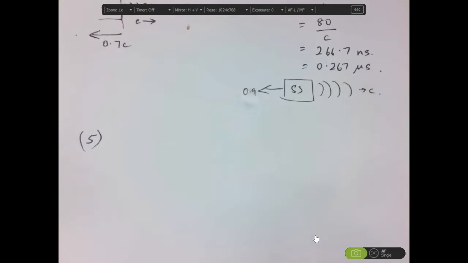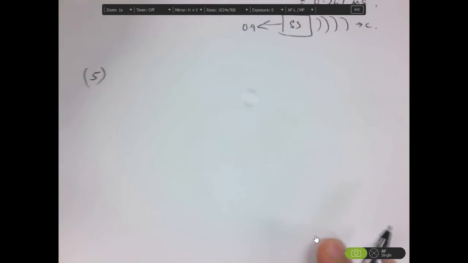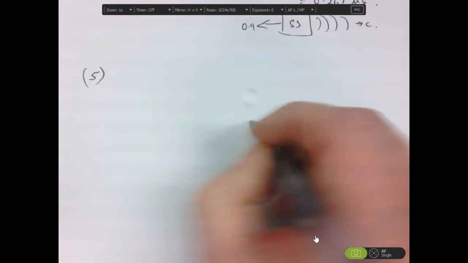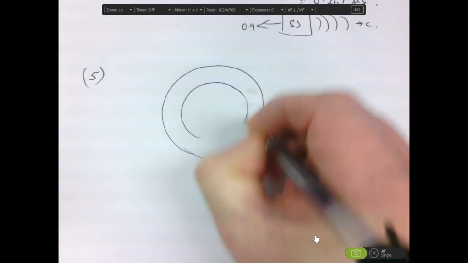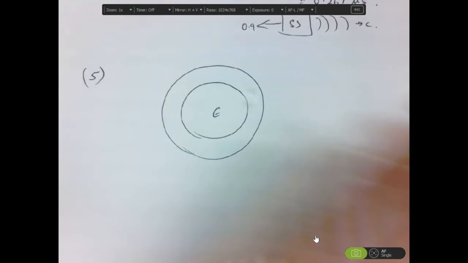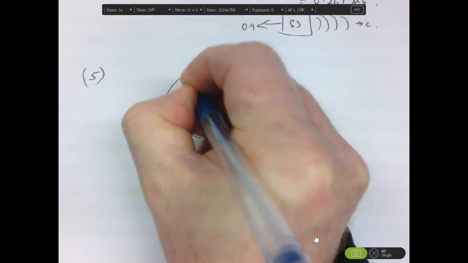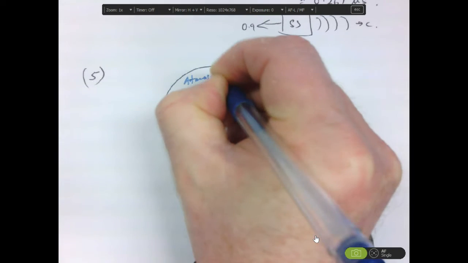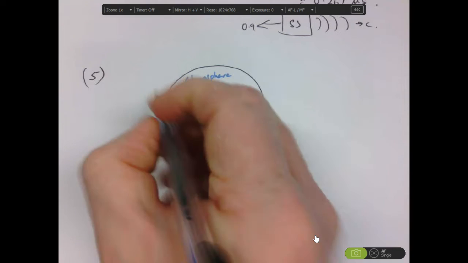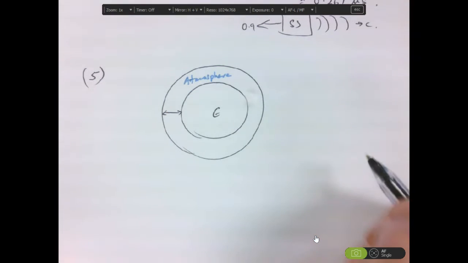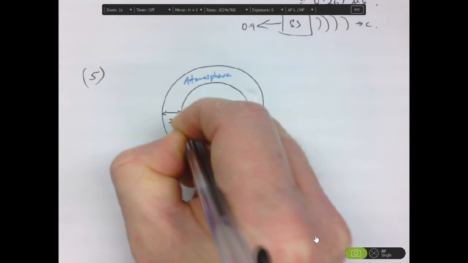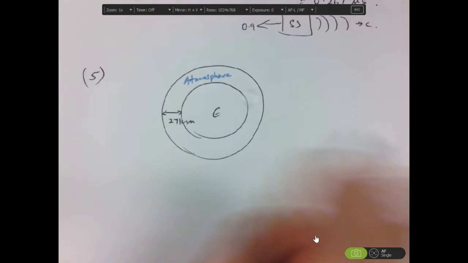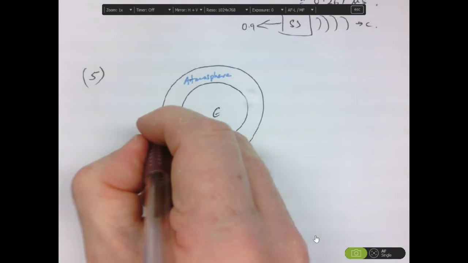Okay, so let's have a look at this. So here is the Earth, and this would be our atmosphere. According to the question, we know that this distance is 27 kilometers, and the muon enters here.